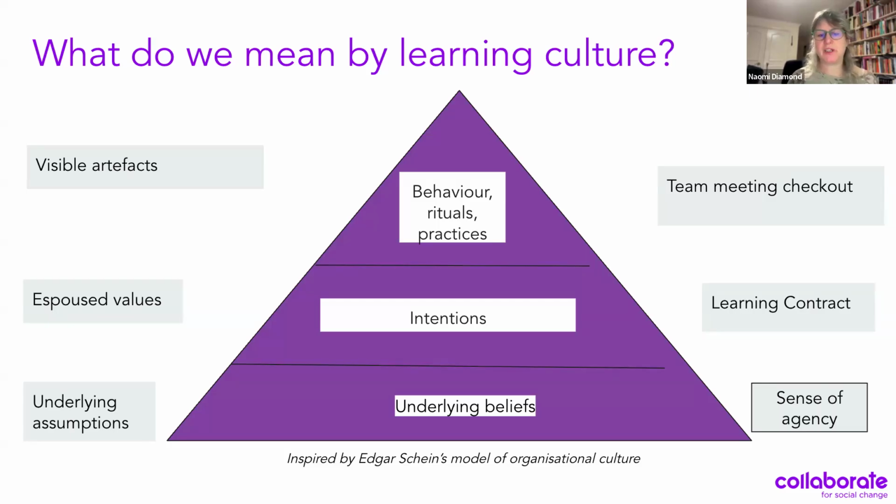At the top, we've got the visible, the things that we do and that we can see in an organization or a system. And so in terms of learning, these are the behaviors, the rituals that we have in place. And this might mean something as simple as we ask questions, we do check-ins, we listen reflectively, we coach, things that are easy to recognize.